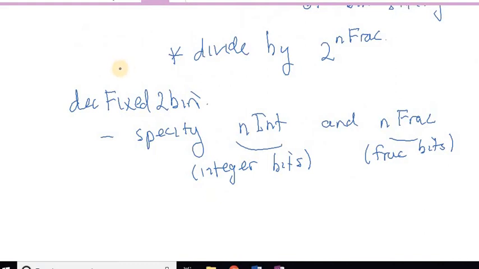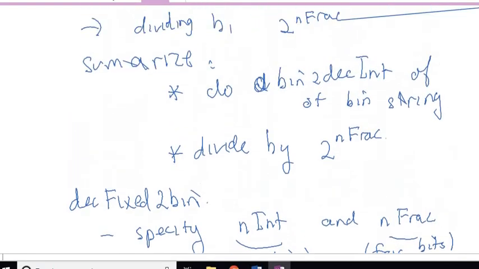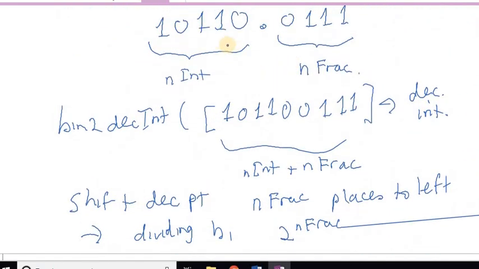All right, now to go the other way, decFixed to bin. Right. Now up here we saw that we needed to specify the number of integer and fractional bits in the binary in order to make sense of the conversion. So when we input the binary, we input a binary array, and then we also specify the number of integer bits and number of fractional bits.